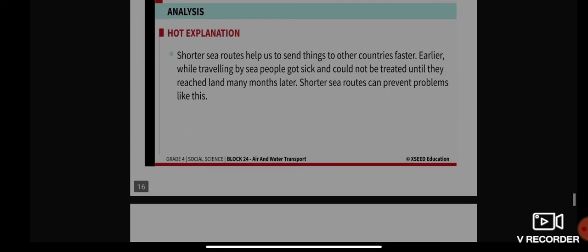Shorter sea routes help us to send things to other countries faster. Earlier, while traveling by sea, people got sick and could not be treated until they reached land many months later. So shorter sea routes can prevent problems like this.